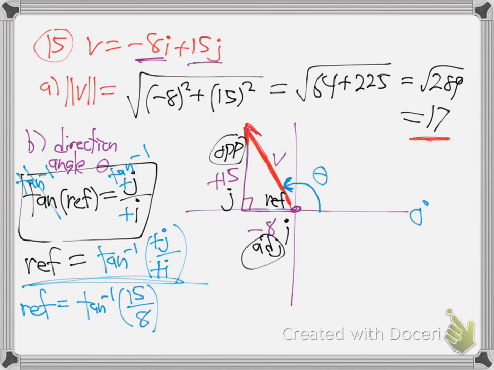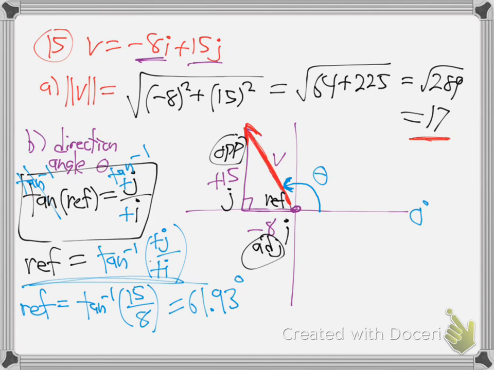So what do I get? 61.9, I don't know how far they want to run. 61.93 degrees. Y'all getting that? So just make those positive. Again, you might wonder why you're making those positive. Because this is just a real-life triangle here, so you can't have a negative length. I'm going to take care of the fact that it's second quadrant in the end.